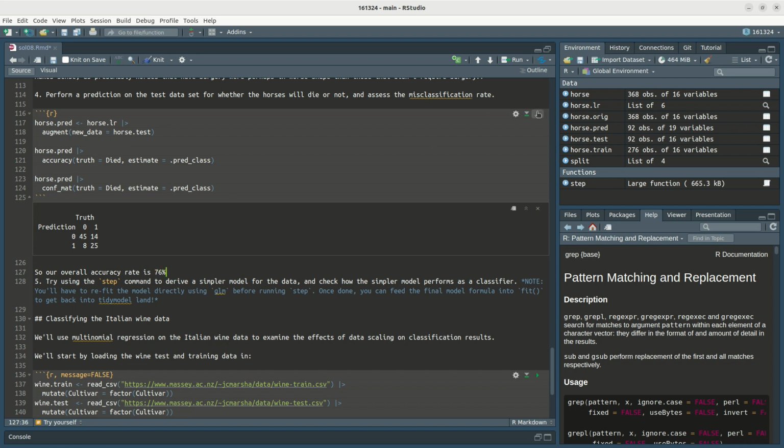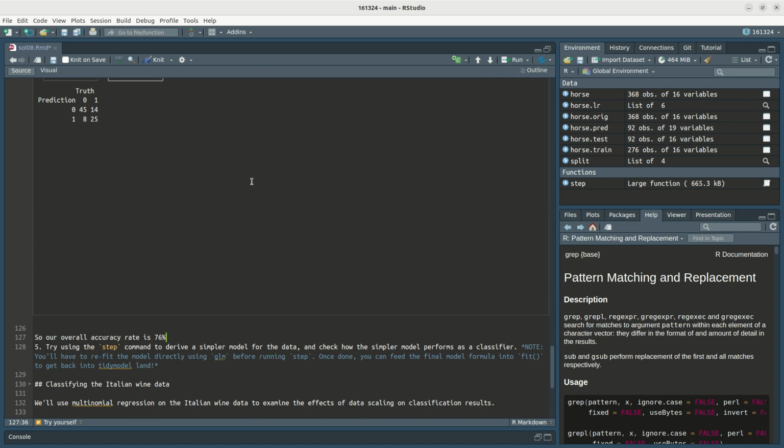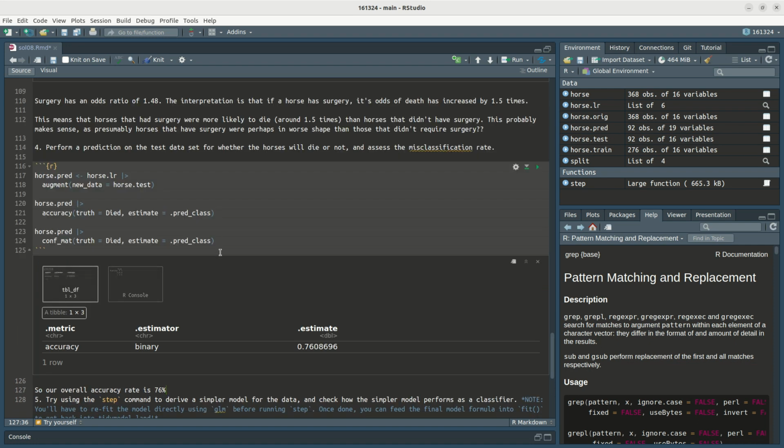I think I remembered that correctly. Yep. And slightly more, we're getting those that died wrong more often than those that didn't die.